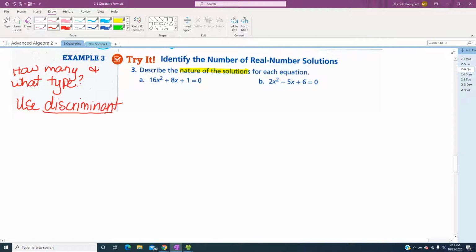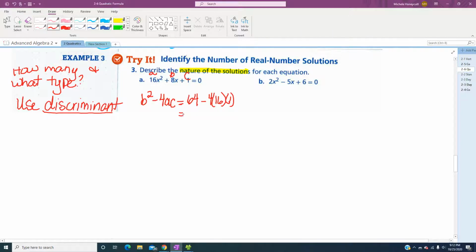All right, so the formula for the discriminant is b squared minus 4ac. So the a is 16, the b is 8, and the c is 1. So b squared would be 64 minus 4 times 16 times 1.